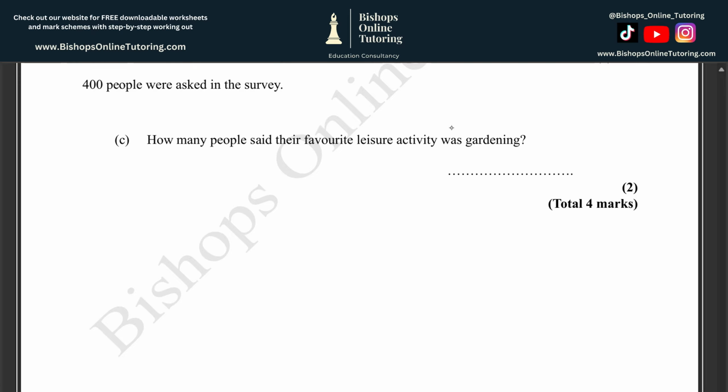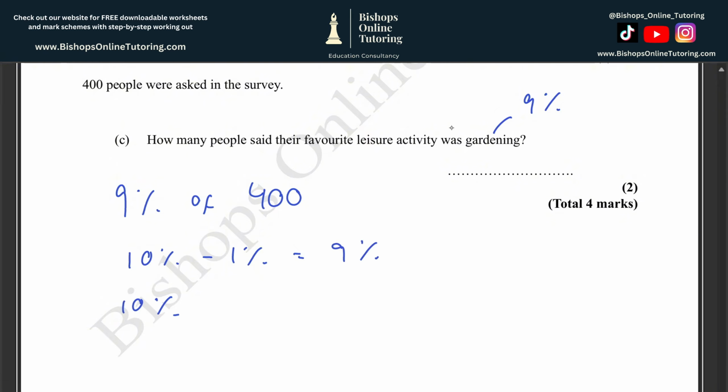400 people were asked in the survey. How many people said their favorite leisure activity was gardening? Well, gardening was 9%, so we just need to figure out 9% of 400. Now, the easiest way to do this would be to find 10% and then take away 1% from there, and that would give you 9%. So let's figure out 10% and 1%. To figure out 10%, we just take this decimal point, which is over here, take it one stop to the left, so 10% is 40.